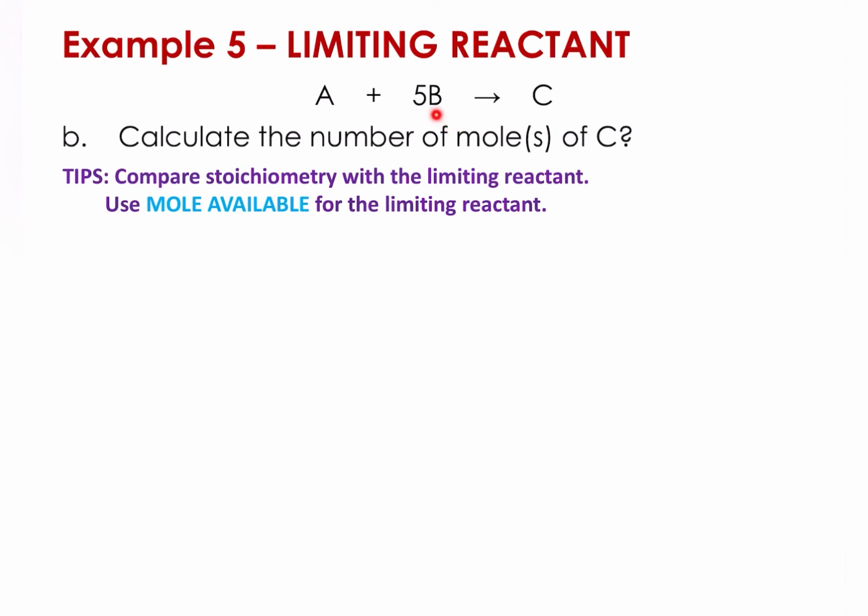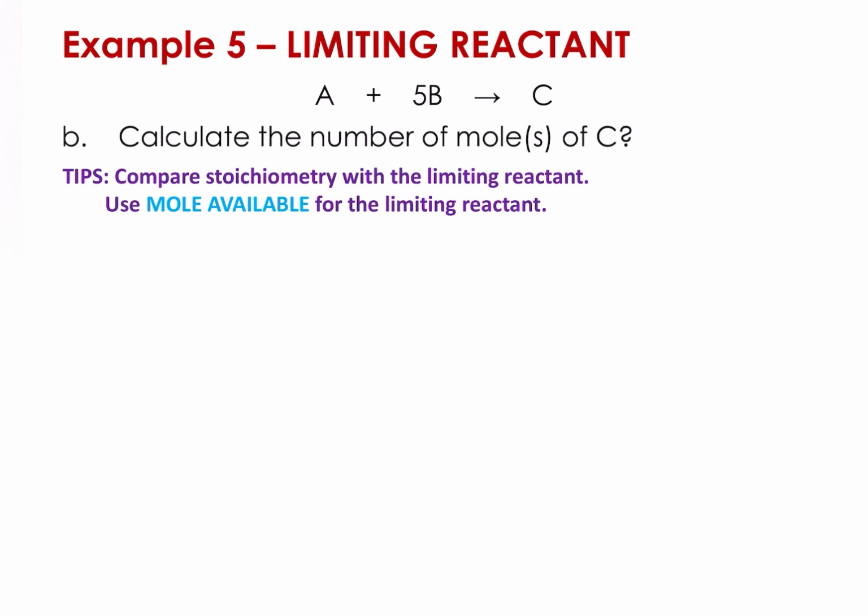Dalam kes ini adalah limiting reactant lah. Sebab tu kita tak compare dengan A, iaitu kita punya excess reactant, sebab kita tahu dia ada excess, dia remain dekat at the end of the reaction. So itu adalah tips yang awak perlu buat. You have to compare stoichiometry with the limiting reactant. Kalau tak, what's the point awak cari limiting reactant susah-susah dekat bahagian A tapi awak tak gunakan.